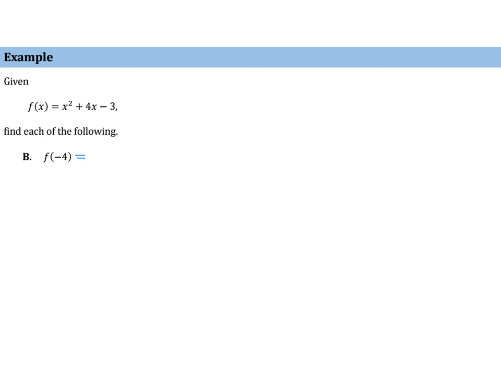So the first thing that we need to do is notice that if we're substituting in a value for x, the very first thing that happens is that x value gets squared. So we need to make a determination. What is getting squared initially? If f is getting applied to negative 4, then we need to square that negative 4.